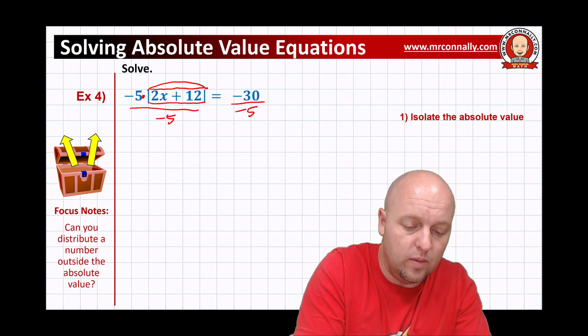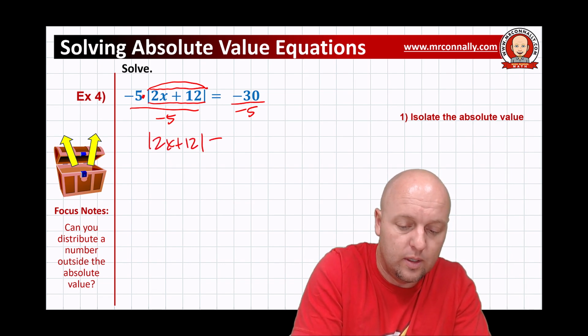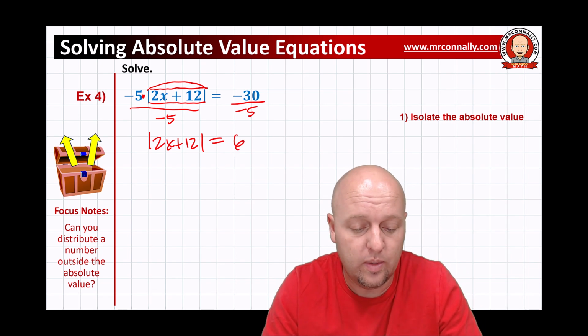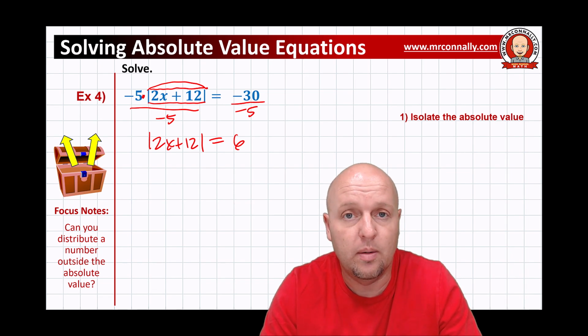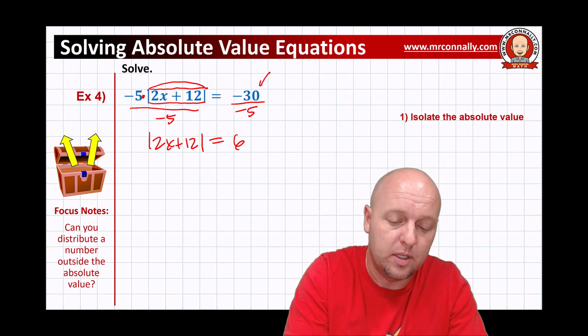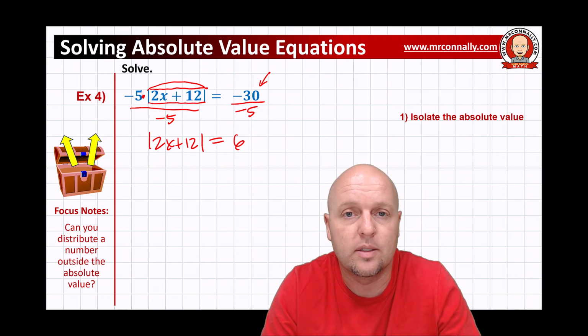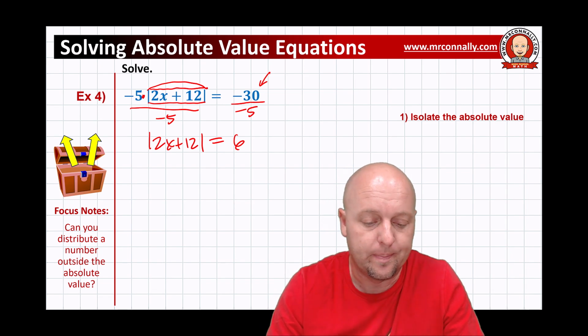And in doing so, we get the absolute value of 2x plus 12 equals 6. Okay, and in doing that, we found that the answer is going to be a positive. We don't have to worry about it being no solution, because typically when we see a -30, that should set off a little alarm in your brain saying, uh-oh, is this going to be a no solution situation, or is it going to be the two solutions problem?